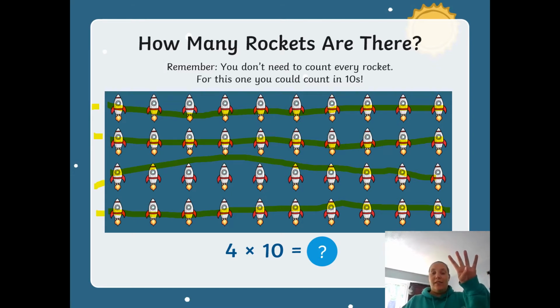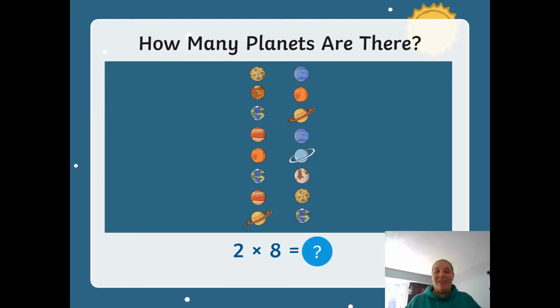So this time I'm going to count in tens until I've got rid of all my fingers. Are we ready? 10, 20, 30, 40. So the answer that should be under my question mark here for 4 times 10 equals 40. Excellent, well done everybody. Brilliant maths.